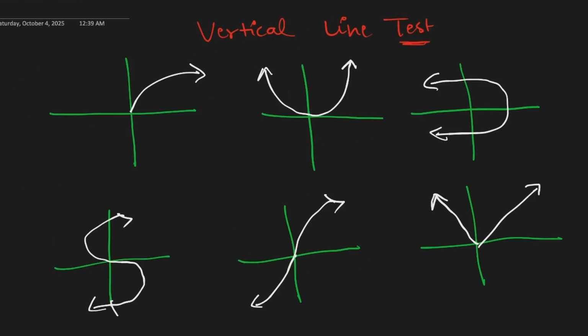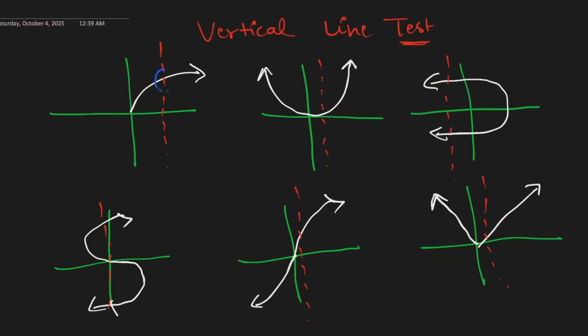But suppose you already have a graph. How do you check if that graph is of a function or not? To do that, we have a test called the vertical line test. So we have multiple graphs over here, and we'll draw a single vertical line through the graphs. We need to make sure that the line only passes through the graph once.